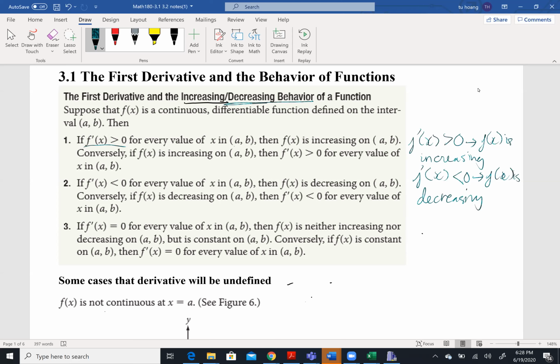Or in another way, if f(x) is increasing, then the first derivative of f(x) has to be greater than 0, and if f(x) is decreasing, then f'(x) is less than 0.